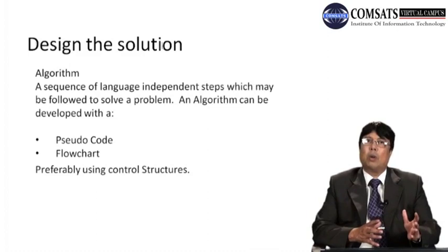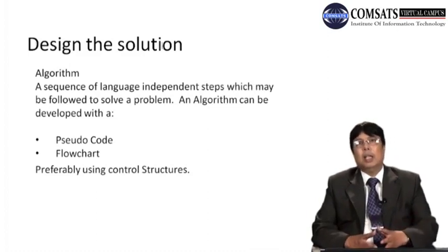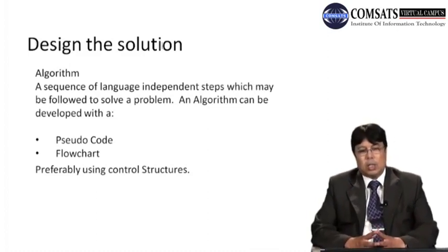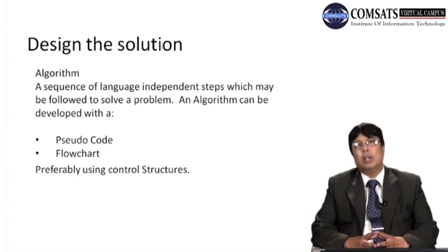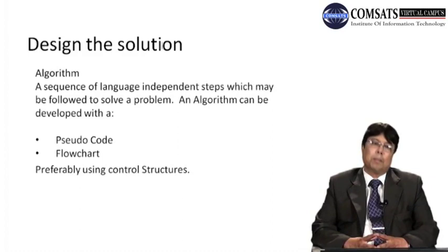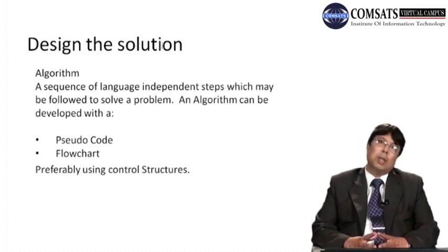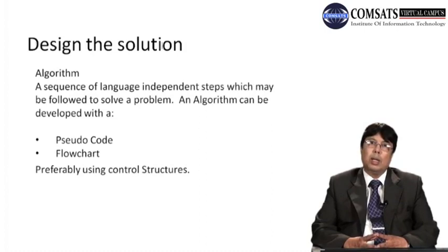Whereas when we talk about algorithms, these are the set of instructions in which you provide the solutions. It is usually not the computer language in which you develop the algorithms. There are two ways in which you can develop the algorithm. One is called pseudocode, the other is called flowchart.